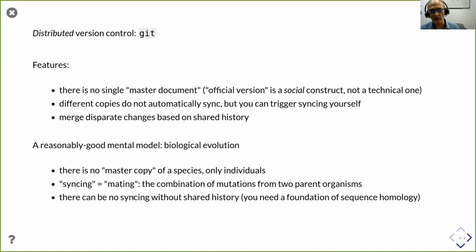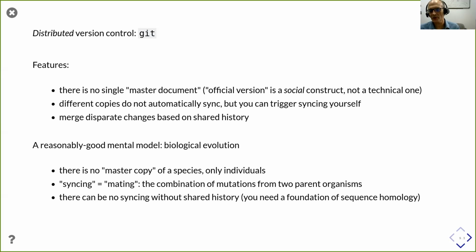And the final thing, and this is really where things are super important, is that there isn't the ability to have a productive mating that results in offspring within a species unless they have shared history, meaning that foundation of sequence homology that comes from their common descent. 99.9% of the bases in their genome are essentially identical.